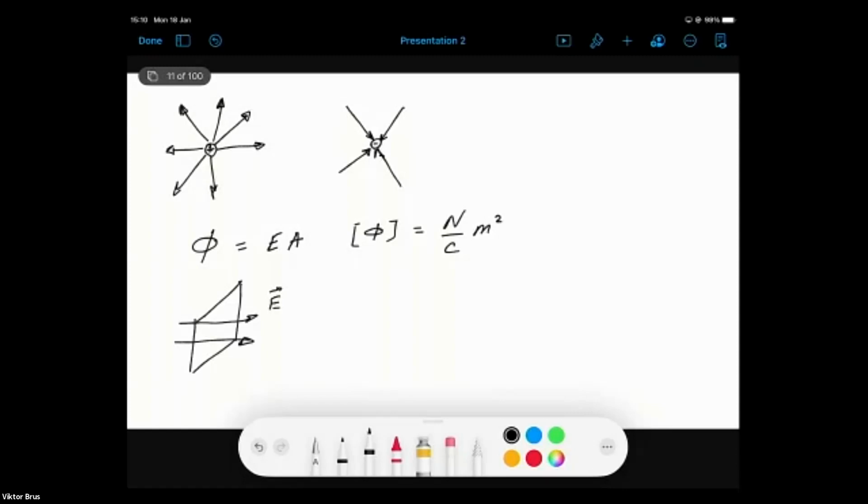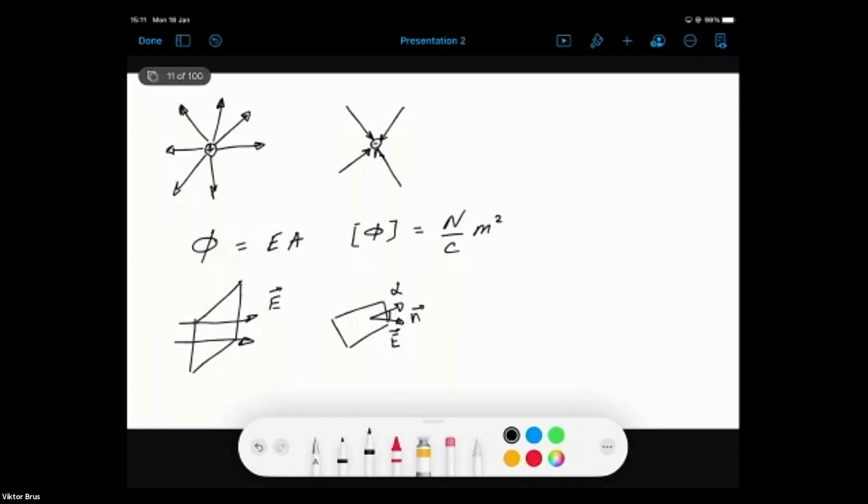then this arrangement of the surface element with respect to the electric field vector should be taken into account. That's why if we have, let's say, some surface with a normal vector to the surface like this, and an electric field vector in this direction, there will be some angle alpha between them.